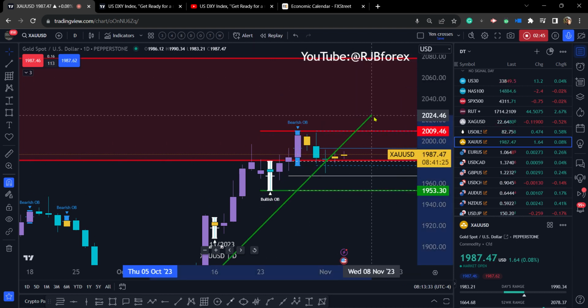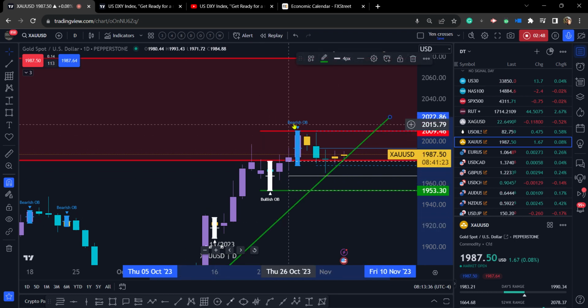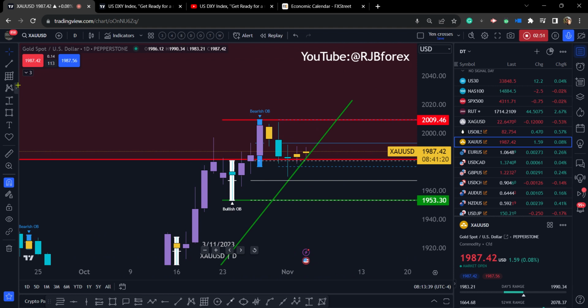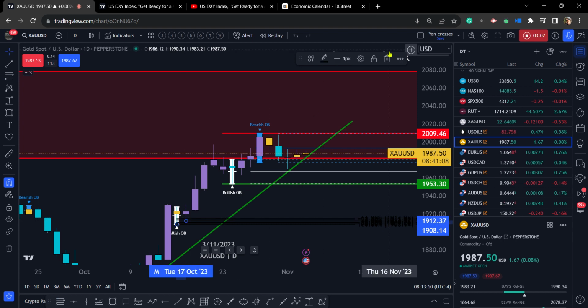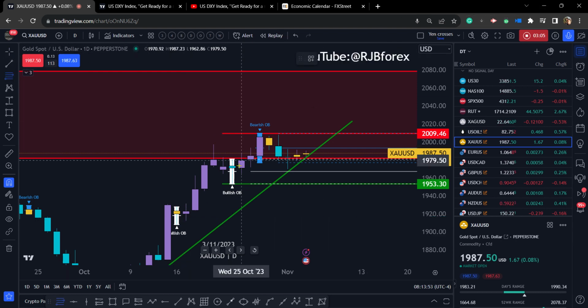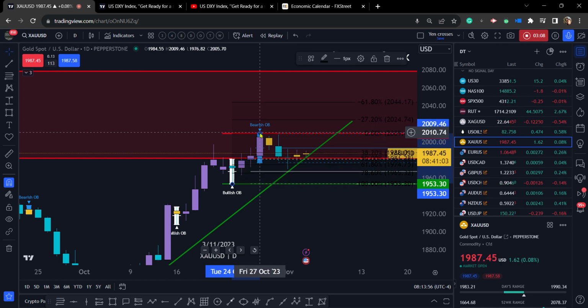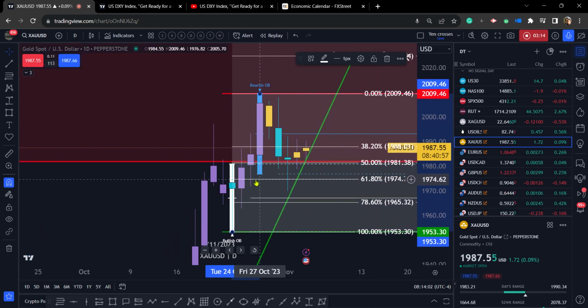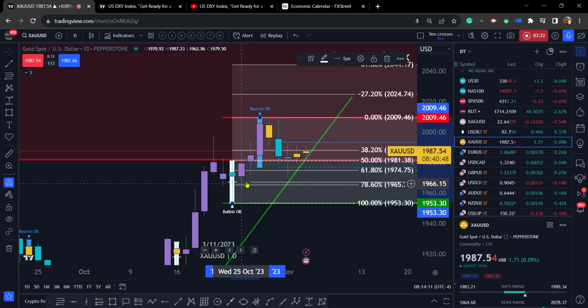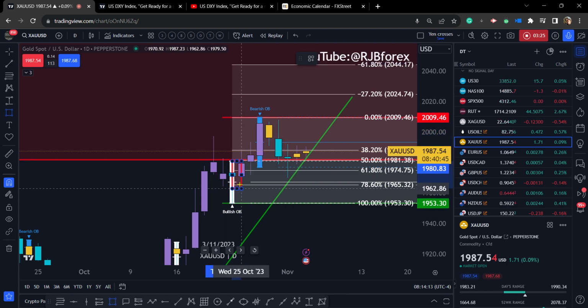In my mind, until that is broken on the daily chart, we're still in a bull trend, and we can look for confluence in the Fibonacci, if that's your thing, by drawing a Fibonacci from the low of that impulse to the high, and note that we're coming into potentially a strong area of support. So we've got the 61.8 that's aligned with this supply area for an upside correction.